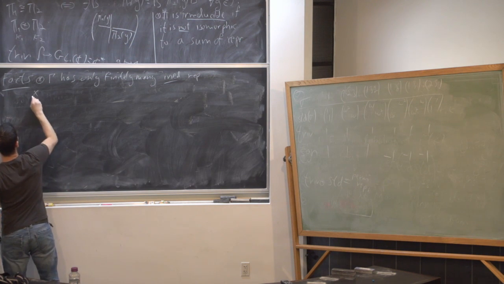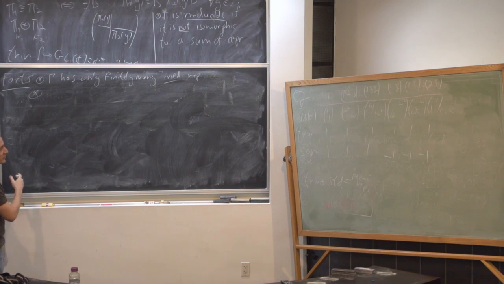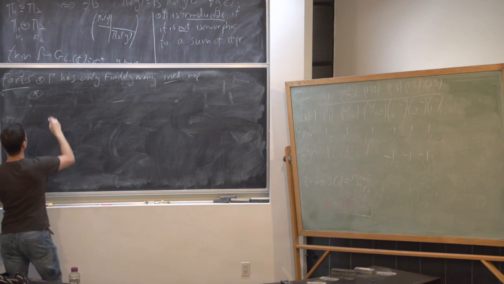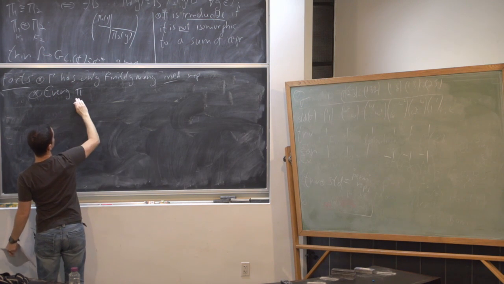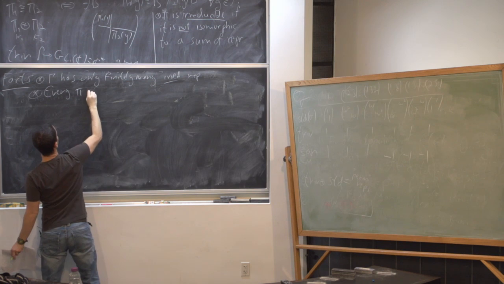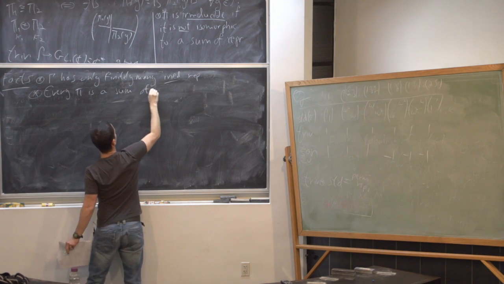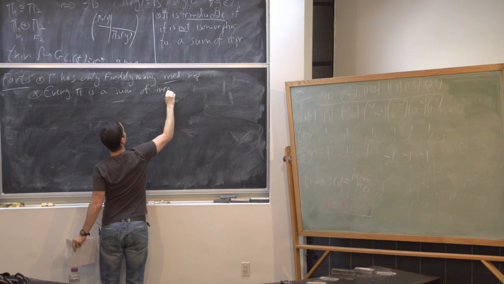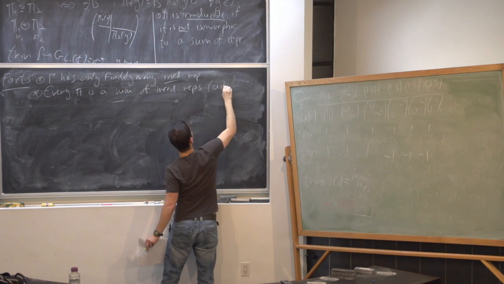And the second fact, these facts are from the end of the 19th century or the beginning of the 20th century. This is Frobenius and Burnside, and perhaps Schur. The second thing is that every representation of gamma is a sum of irreducible representations, and this is unique.